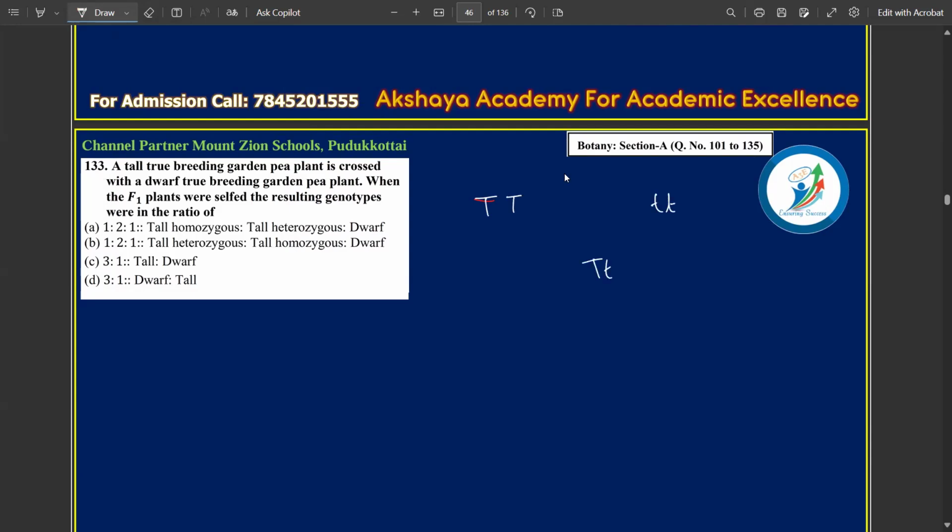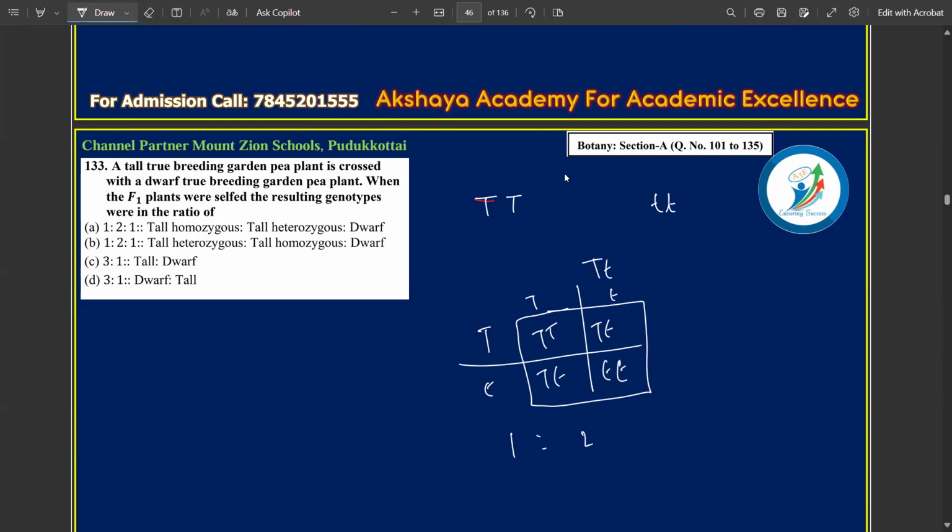If you cross them, you already know by the Punnett square what you are going to get, and the genotype ratio will be 1:2:1.